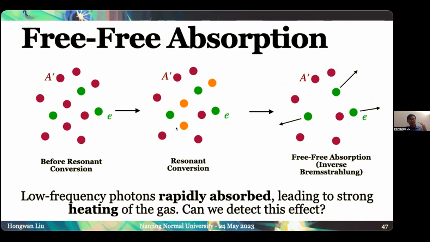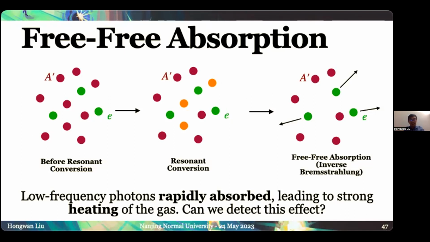And then when the plasma mass is equal to m_A', some resonant conversion occurs, and so some of the A's convert into photons. These photons get absorbed very rapidly, almost instantaneously, by all of the free electrons that are nearby, and this causes these free electrons to heat up. This process, free absorption, you should think of as just the inverse of Bremsstrahlung.